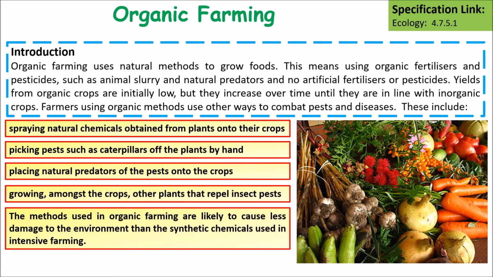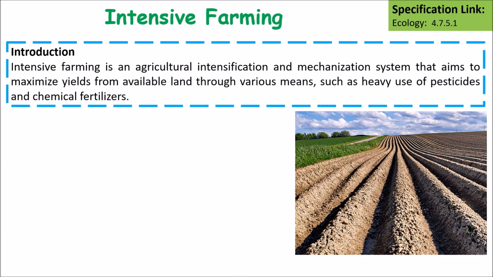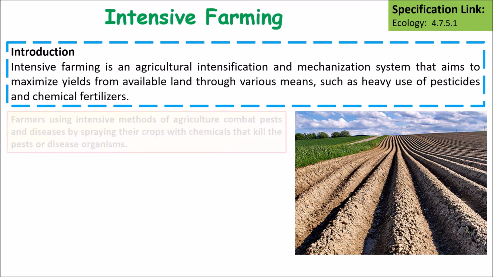And the methods used in organic farming are likely to cause less damage to the environment than synthetic chemicals used in intensive farming. So intensive farming is an agricultural method that uses mechanization and is designed to maximize yields.